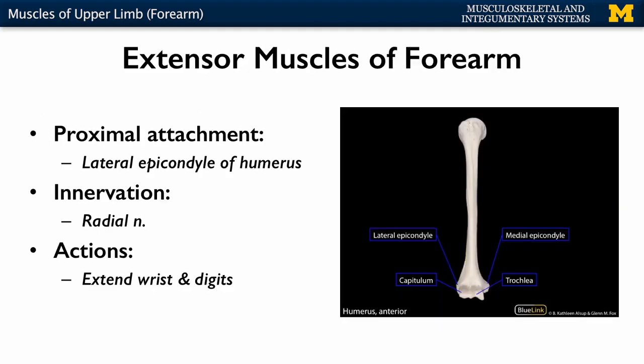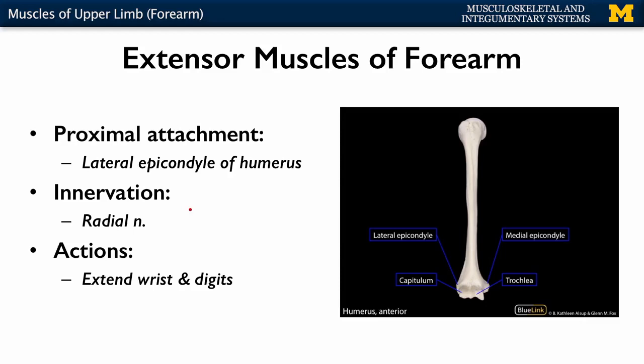Now let's move to the posterior side. So when you're thinking posterior, similar to what we thought with the arm, so that triceps brachii, remember, is the extensor of the forearm or extensor of the elbow joint. Well, on the posterior side of the forearm, those muscle bellies are going to extend your wrist as well as the joints associated with your digits.